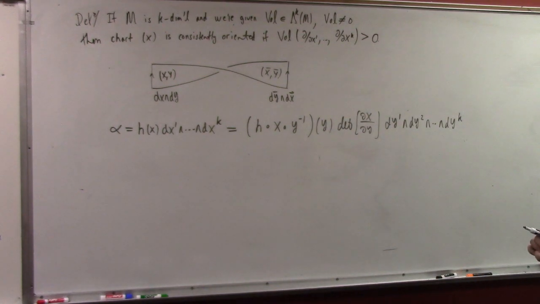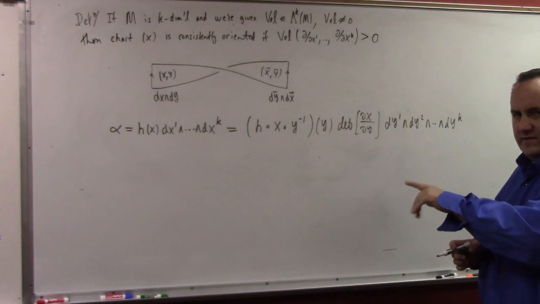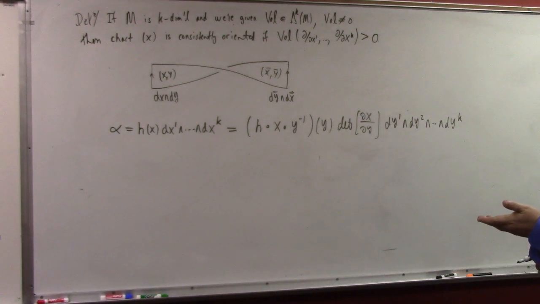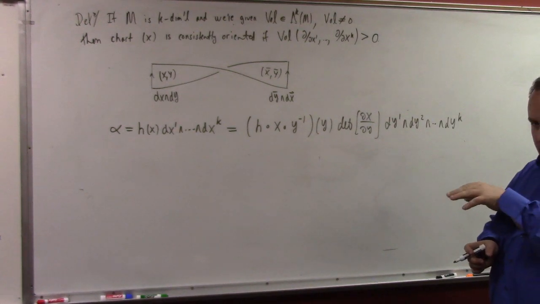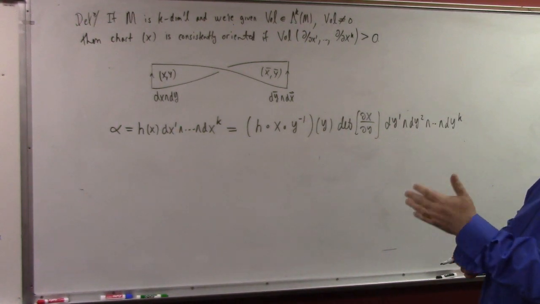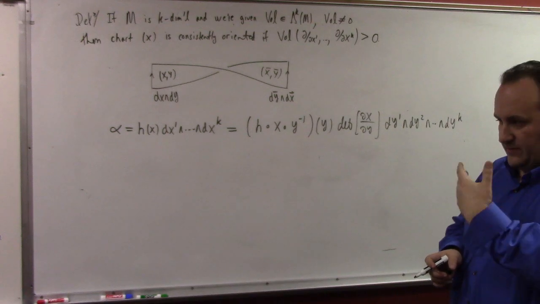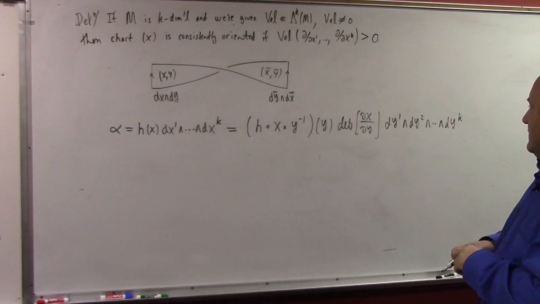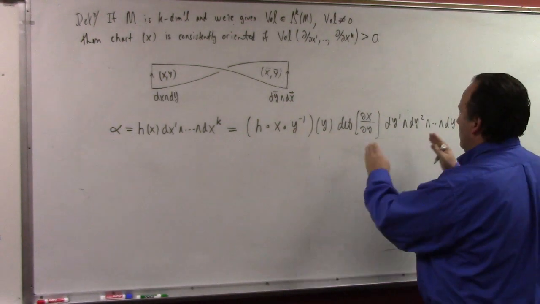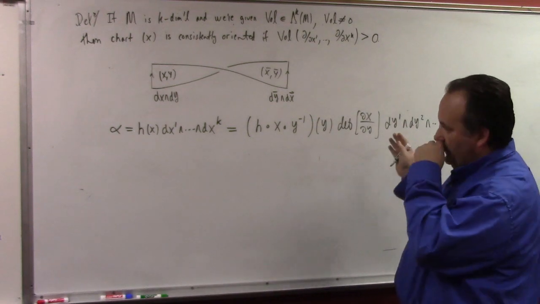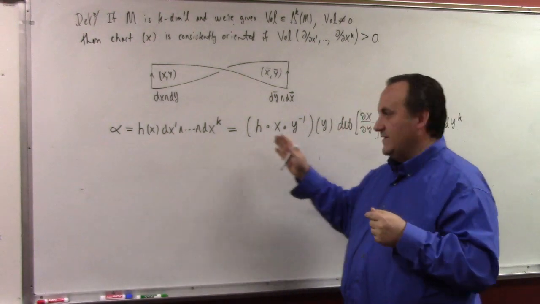So let's see here, what's going on? Really all I've done is, this is essentially the calculation I was just sketching on the other board, right? If you do the coordinate change for each coordinate, you have the completely anti-symmetrized wedge product, which brings out the determinant of the Jacobian matrix. So that's exactly what I'm writing here. I'm converting, if you will, dx's to dy's.